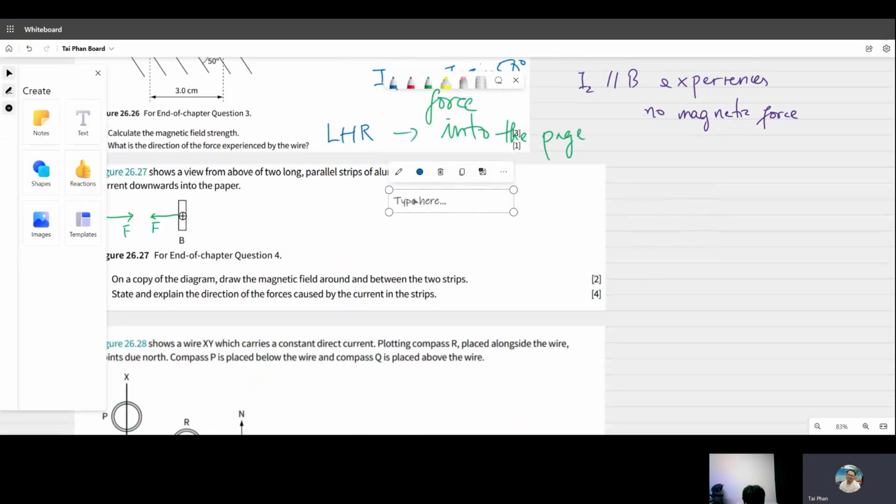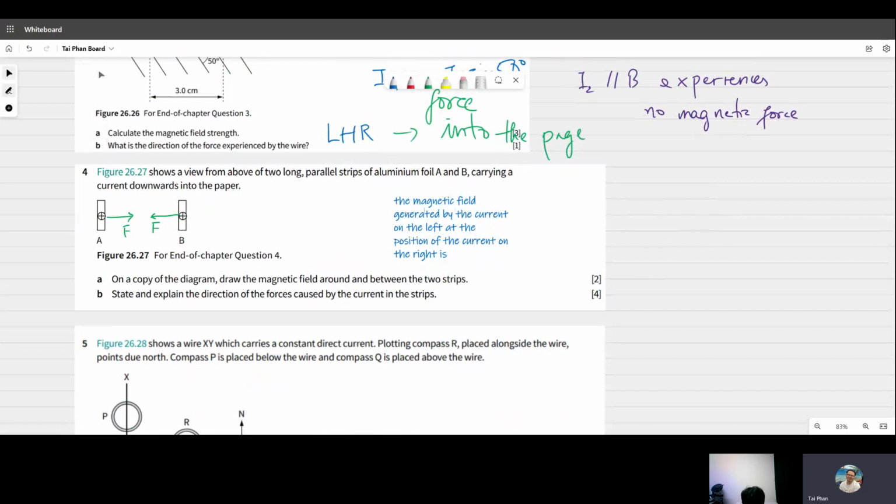The magnetic field generated by the current on the left at the position of the current on the right is in which direction? Using the right-hand rule, it's downwards.